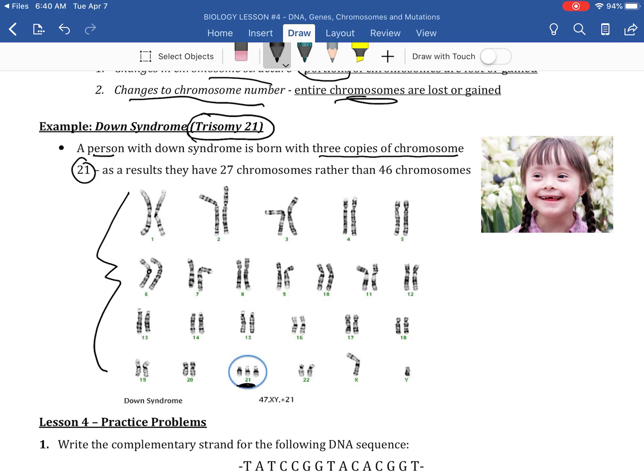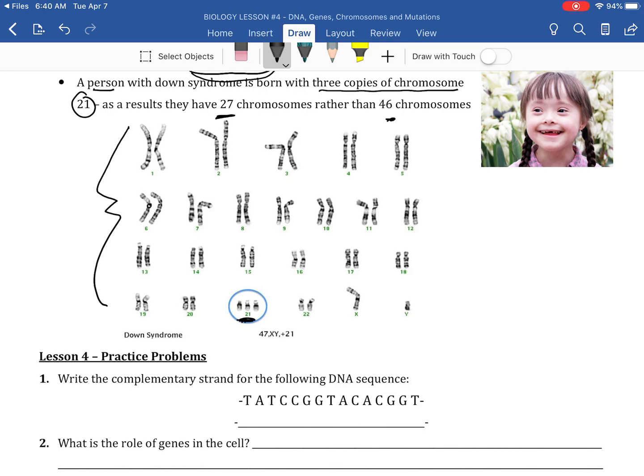So that's why they call it trisomy 21 sometimes. So that extra chromosome on the 21st pair can cause different kinds of genetic things. So that's where the Down syndrome comes from. As a result, we have 47 chromosomes rather than 46. They have that extra chromosome. Sorry, guys.